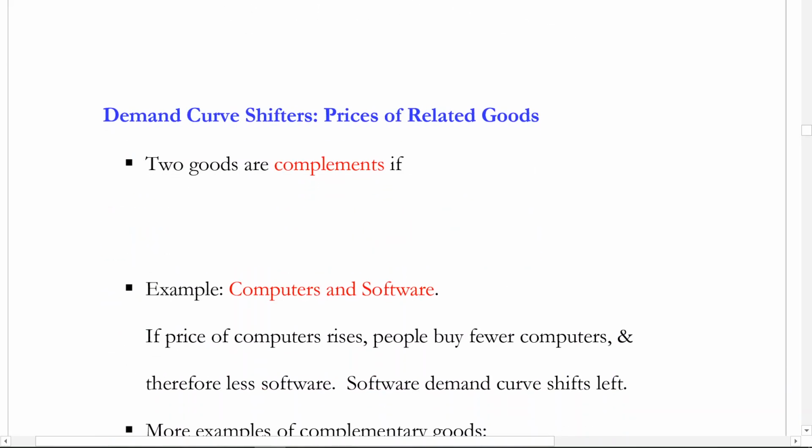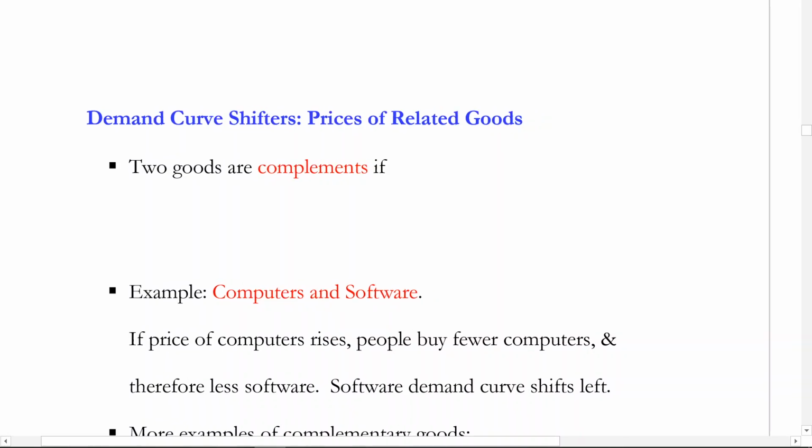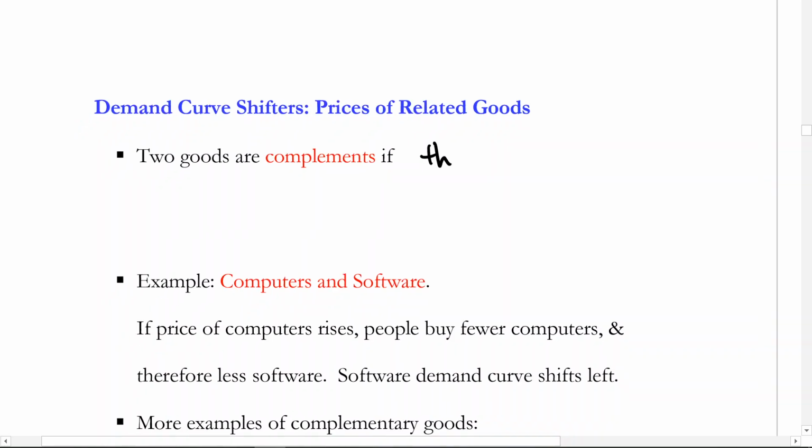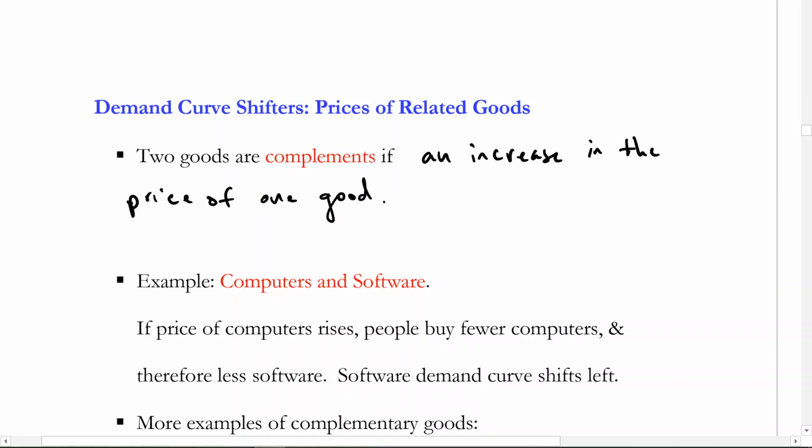Complements are similar, but quite the opposite in their definition. Two goods are complements if an increase in the price of one good causes a decrease in demand for the other.